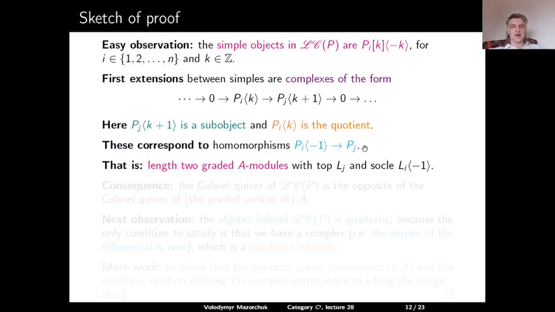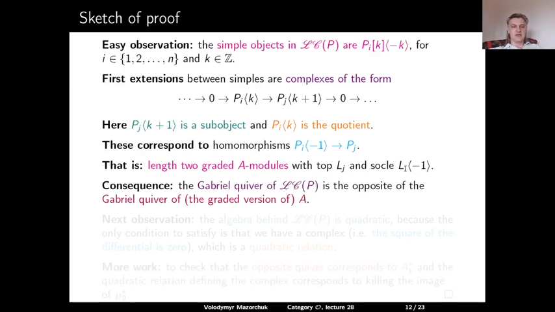So now we see how it dualizes in the complex world. So here Pj is a subobject and Pi is a quotient, but for A modules we have that Lj is the top and Li is the socle.